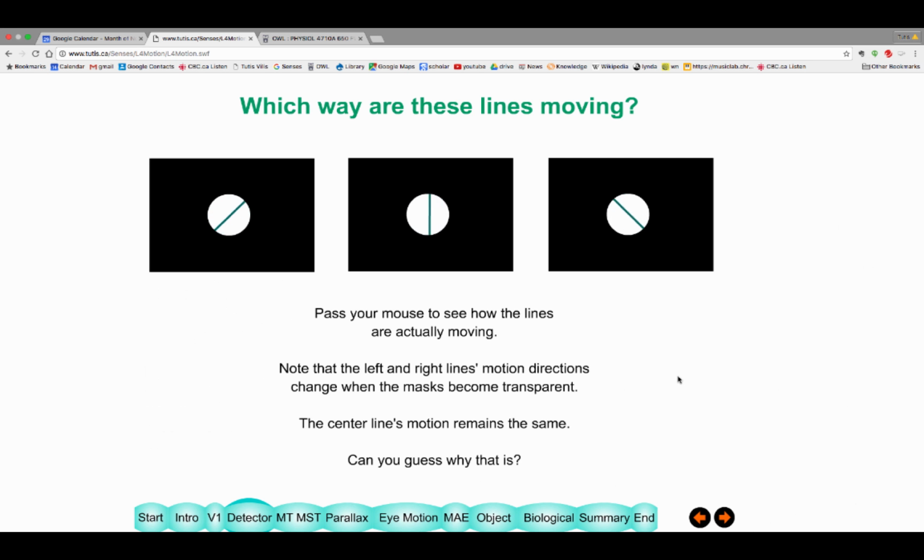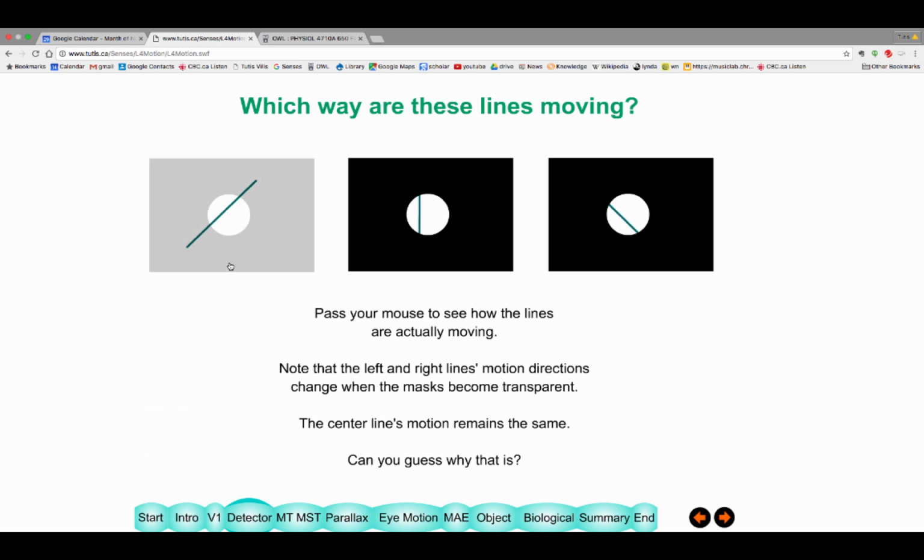Now you look at these lines, and they seem to be moving in different directions. Okay? But let's take a look at what your V1 cell would see. The simple cells see things through a receptive field, and the receptive field is limited like this.